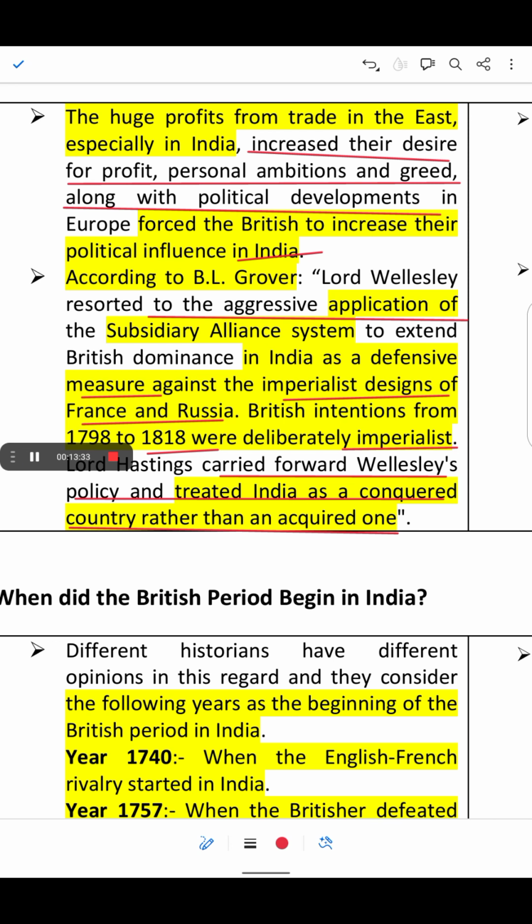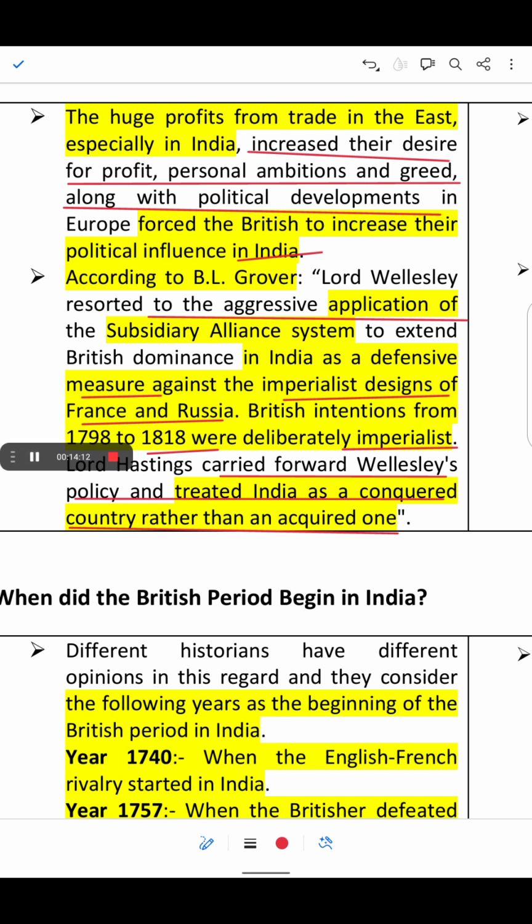So, according to the subsidiary alliance, the Britishers' military expenses would be taken care of by the local ruler, wherein they would in return provide protection against the neighboring ruler, and also the Britishers would take care of the external affairs, that is the foreign relations, of the kingdom where the subsidiary alliance would be signed.